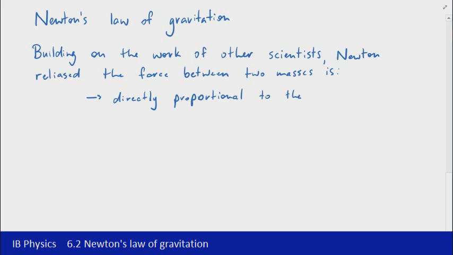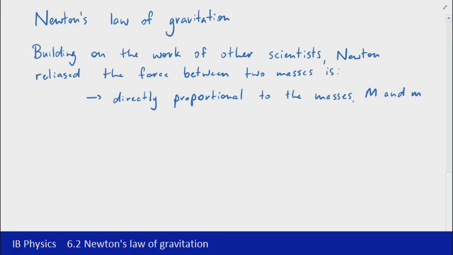The symbols that we're going to use here, it'll become apparent later why we're using capital M and lowercase m, but we're using those two to represent the masses. So think of capital M as being the larger mass and lowercase m as being the smaller mass. That'll usually be the situation that we're dealing with.